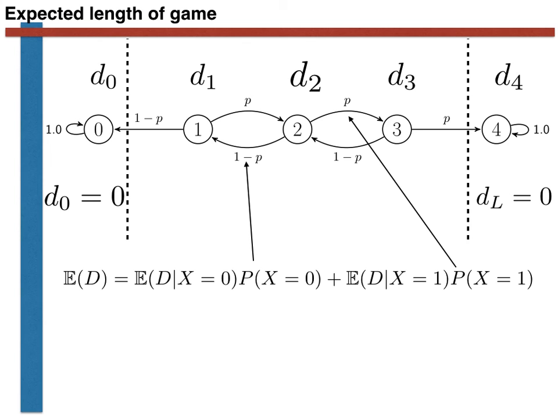On the left-hand side, let's set the expectation of d equal to dk. In other words, we are calculating the conditional expectation for the length of the game given that the gambler entered the casino with k pounds. The probabilities on the right-hand side can then be read off the transition graph directly, as I have already shown.